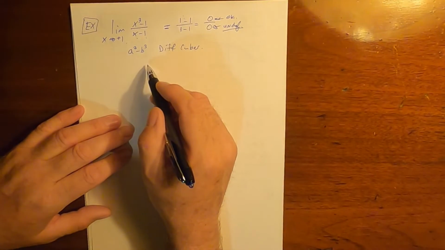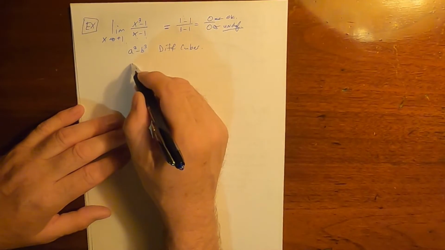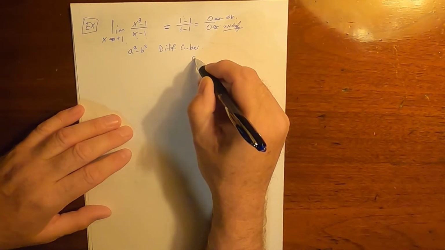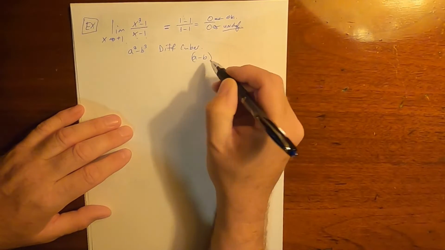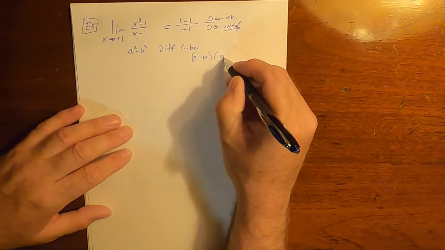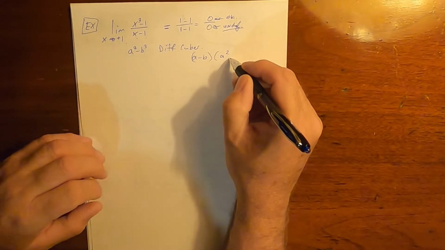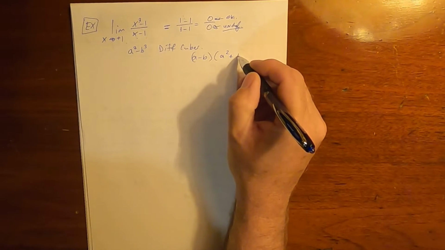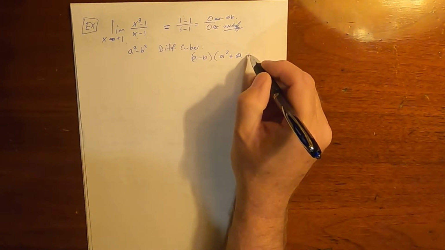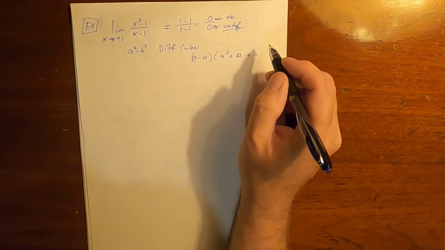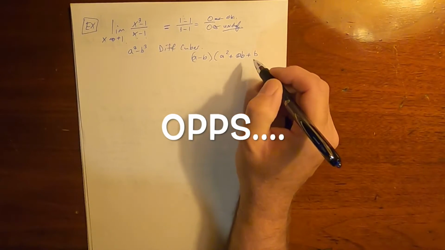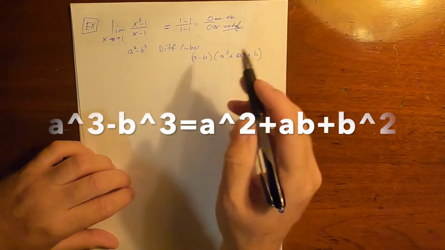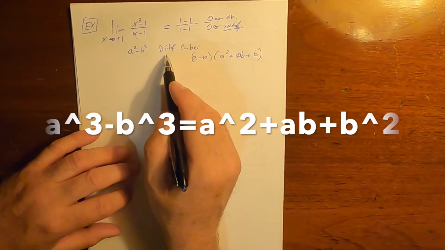And the way that gets resolved is a minus b times a squared plus ab plus b squared. There you go. So that would be your difference of cubes.